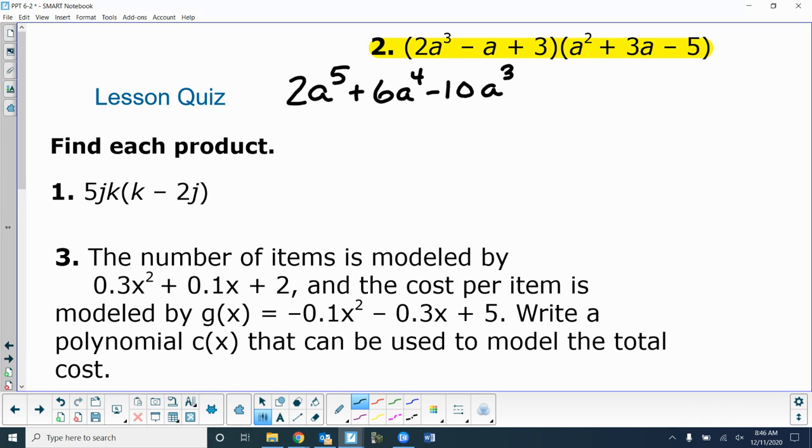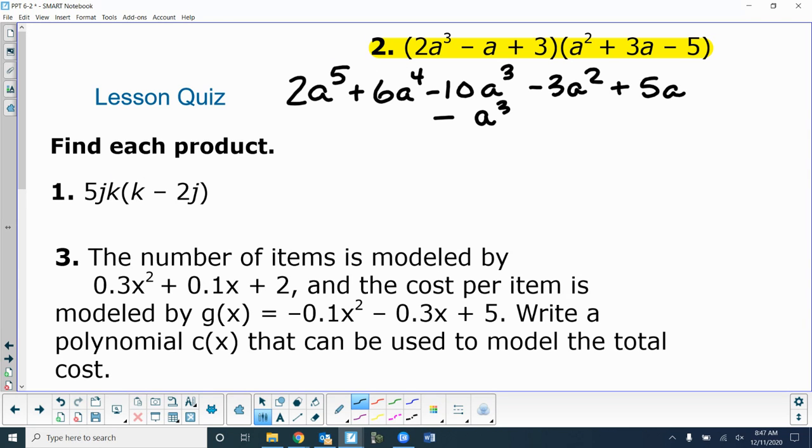And then a negative a to the 3rd, so I'll just put it under that one. And a negative 3a squared, and a positive 5a. That's the second 3.